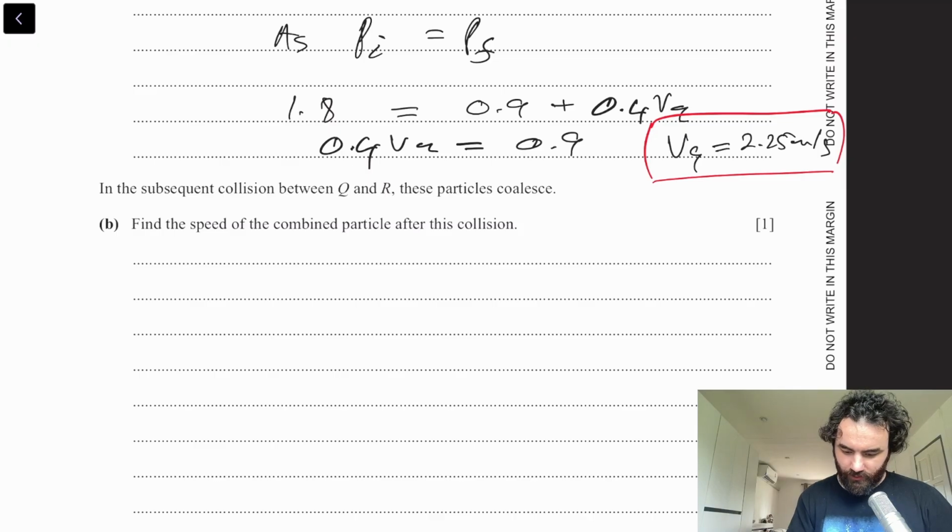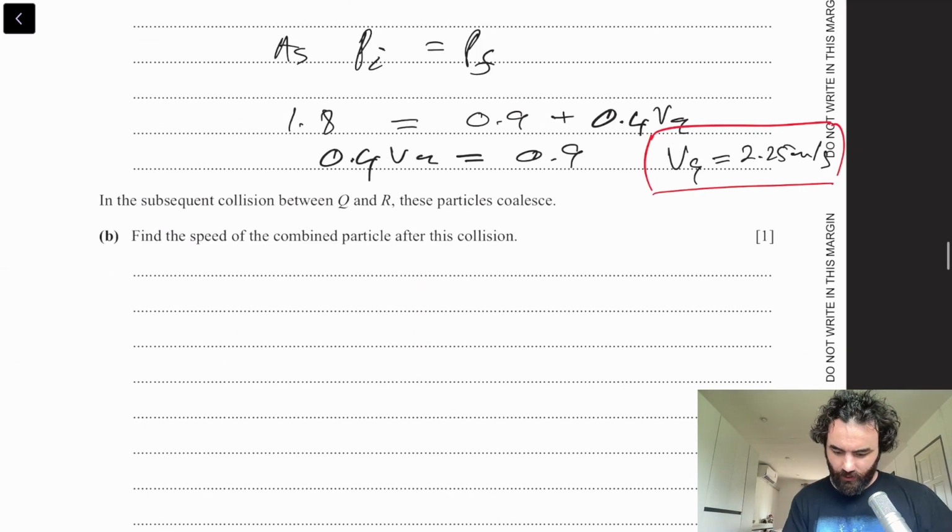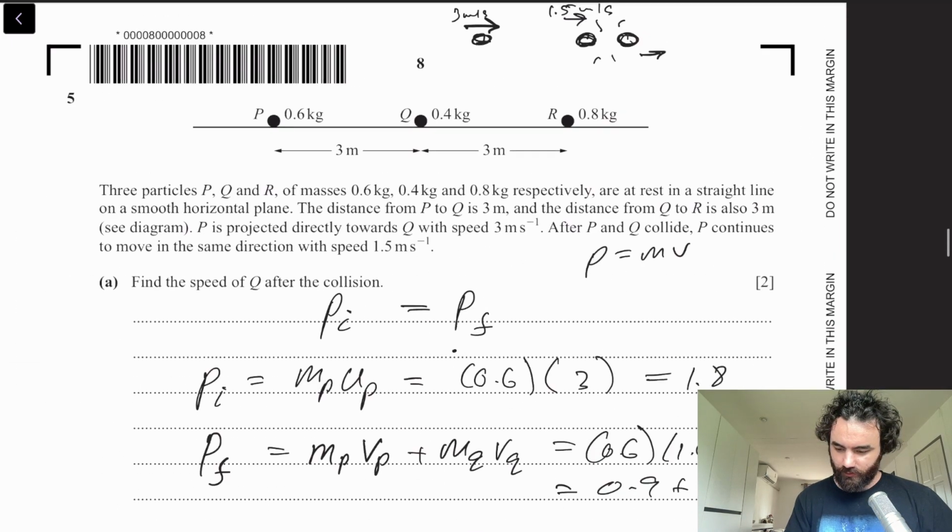In the subsequent collision between Q and R, these particles coalesce. Find the speed of the combined particle after the collision.